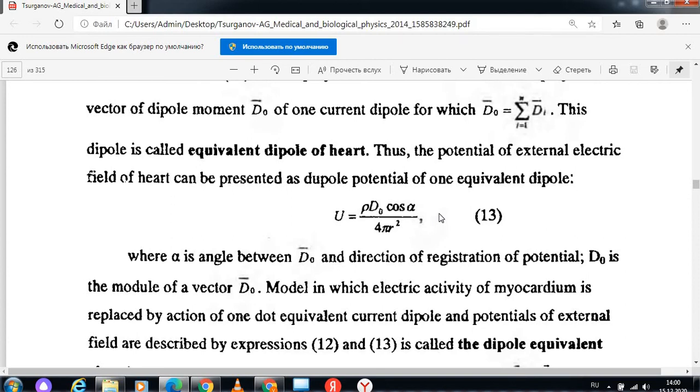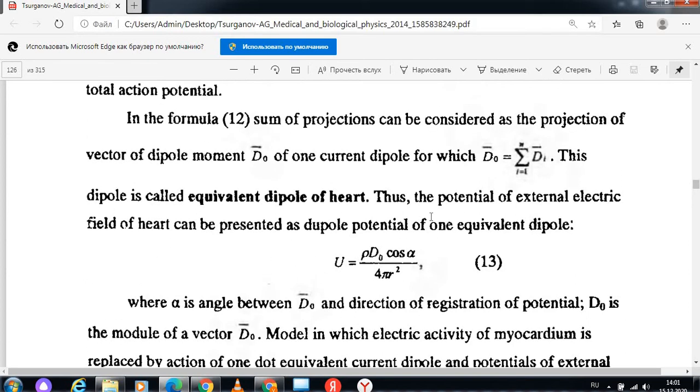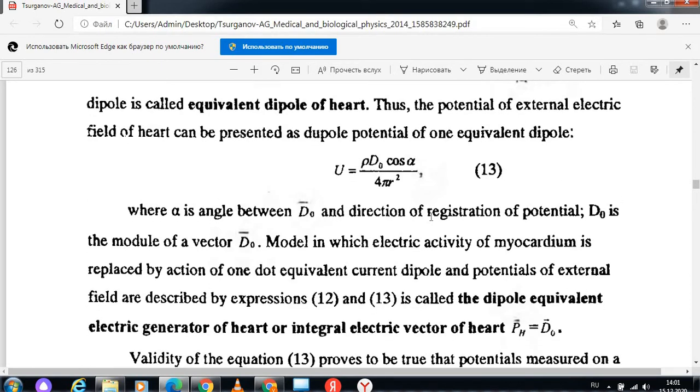The d0 is the model of the vector d0, a model in which the electric activity of the myocardium is replaced by the action of one point equivalent current dipole, and potentials of the external field can be described by expressions 12 and 13.